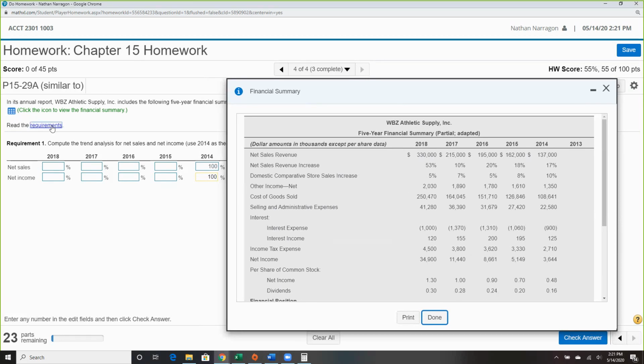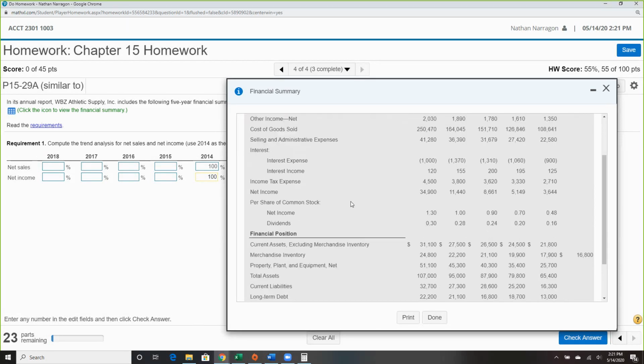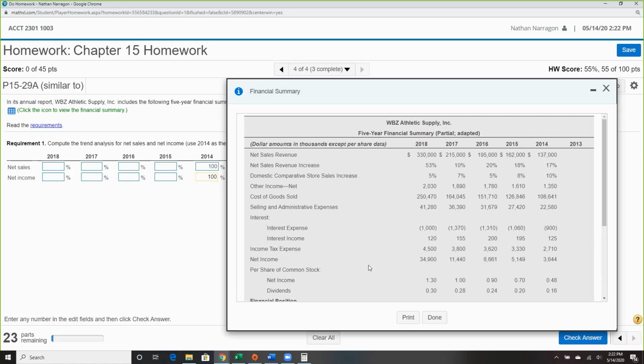Okay, see how many requirements we got. Okay, so trend, profitability analysis, evaluate paid debts. So a lot of ratios are going to be thrown in. Lots of fun going on. It also gives us some ratios already. Okay, see what we got going on.